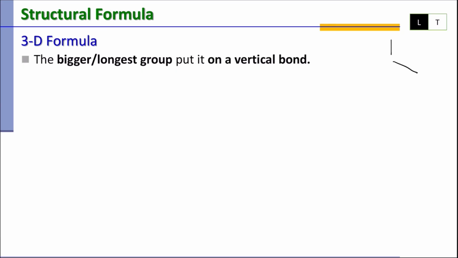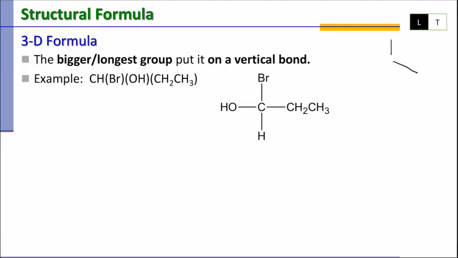Okay, so contoh saya ada this structure. Bila saya open, saya ada carbon bonded kepada ethyl group and then ada OH group, ada Br atom dan hydrogen atom. So ada 4 group of atoms ataupun group of alkyl group yang attached to this carbon. So dalam bentuk yang saya nak draw in 3D formula, saya akan pick dahulu the largest group. Largest group yang kita tengok yang panjang adalah CH2, CH3. So this largest group akan berada di atas.